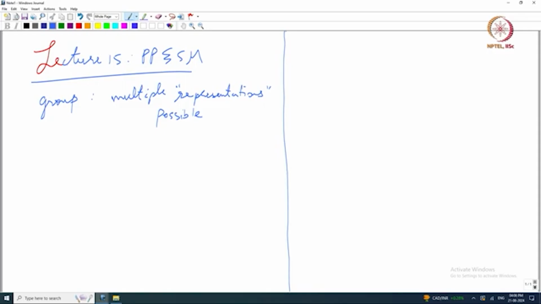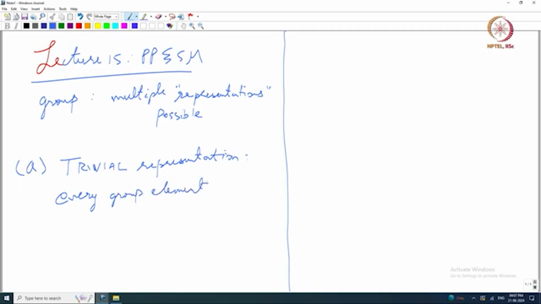So let us start with something trivial. In fact, it is called the trivial representation. The trivial representation is when every group element is mapped to some constant, let us just call it 1.